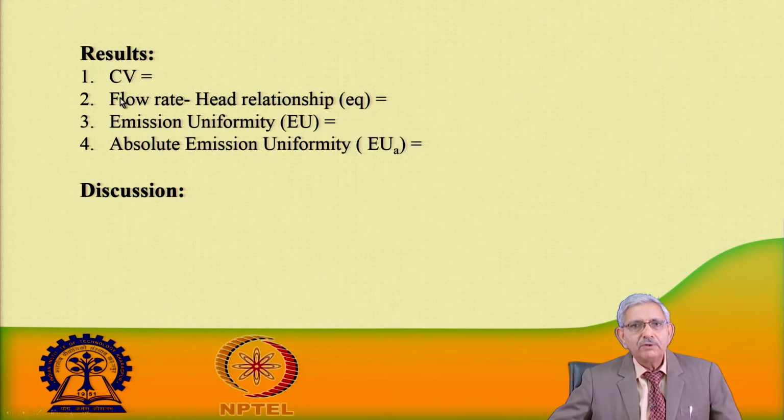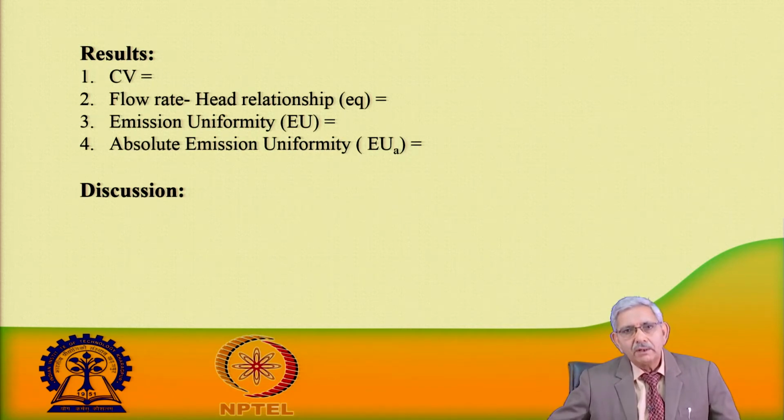As results, we will get the coefficient of variation, which we call the manufacturing coefficient of variation. We will establish the relationship between flow and discharge, so this equation will be established. We will find out emission uniformity, absolute emission uniformity in percentage, and then you will interpret the results from the table which I have already given you.